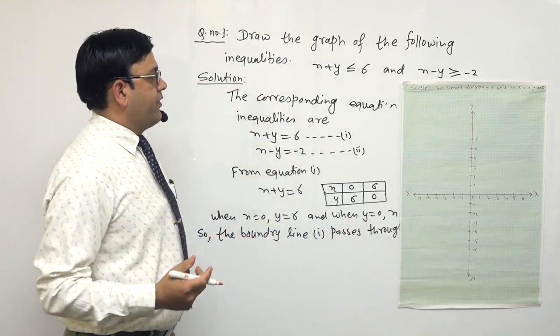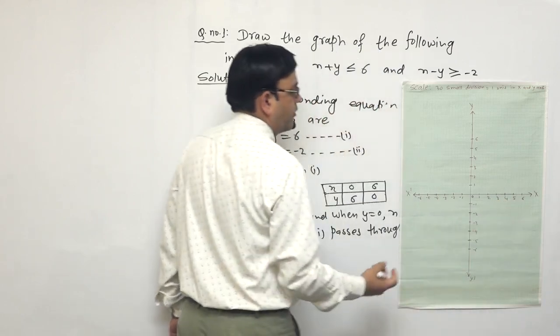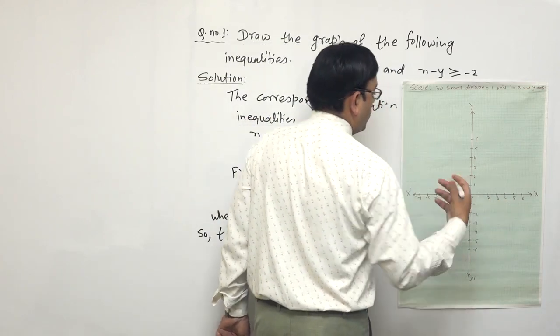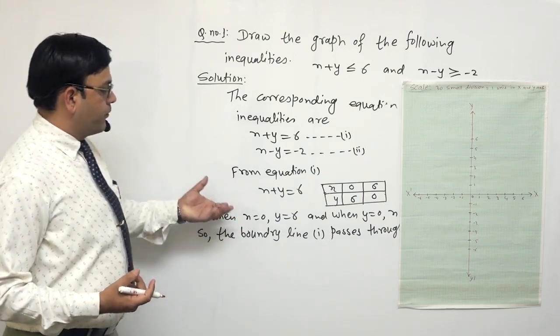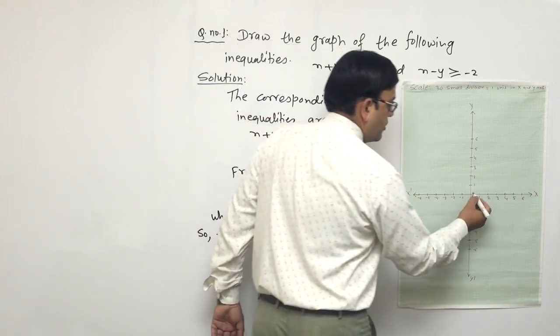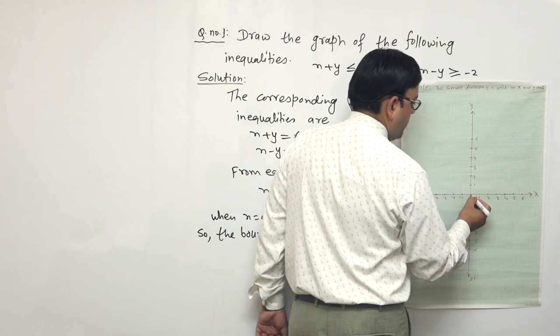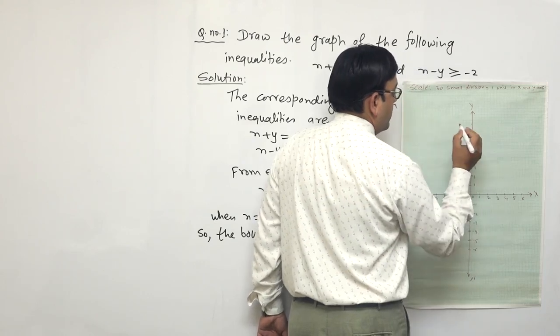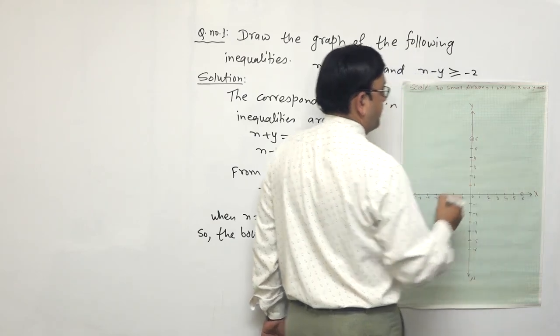Students, you can take only 10 small division is equal to 1 unit in your small graph paper. Now we have to plot these 2 points 0, 6 and 6, 0. 0, 6 is this one, and then 6, 0 is this one.